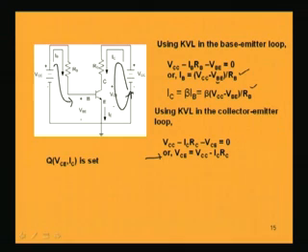Once I set this Q point, it is not guaranteed that it will remain in the same position, because this circuit is very sensitive to beta as well as temperature. That means it is not a good circuit.